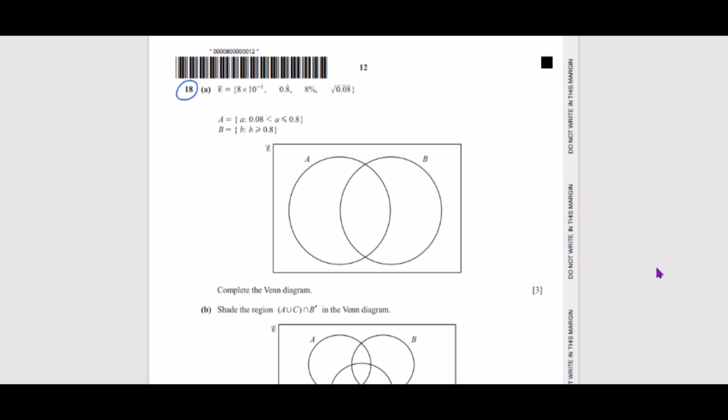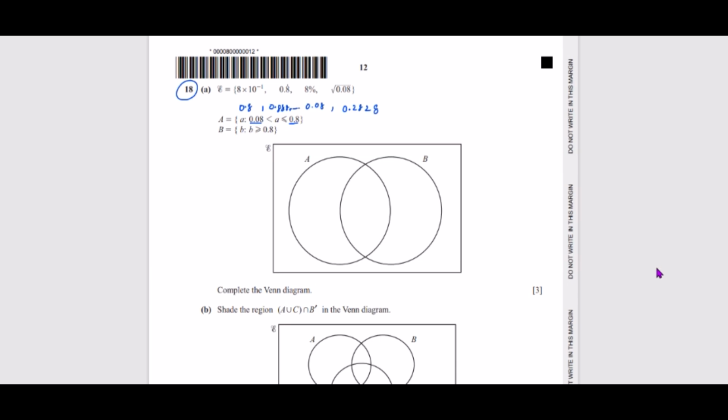First of all, calculate these values: that is equal to 0.8, and this one is equal to 0.888 and so on, and this one is equal to 0.08, and the square root of 0.08 is equal to 0.2828.